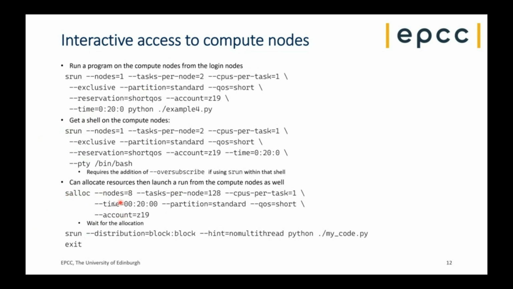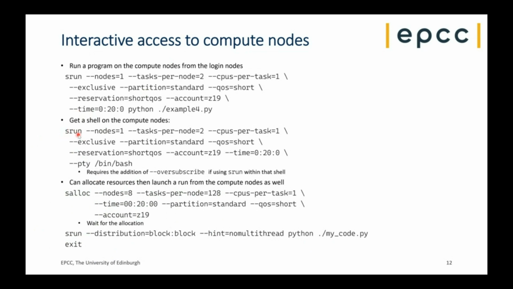Like here, salloc, I want 8 nodes, 128 tasks per node for 20 minutes. That goes off. When the allocation is ready, it comes back to you. And then anything you run from there will run inside that allocation, so you can then do multiple srun commands inside the login node, and that will launch onto those compute nodes you've had as well. So that's also a way of doing it.